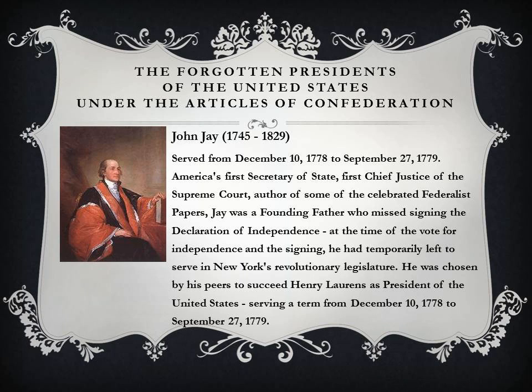Jay was the founding father who missed signing the Declaration of Independence. The reason was, at the time of the vote for independence and signing, he had temporarily left to serve in New York's revolutionary legislature. Remember, New York was under attack already. So that's why he had gone. He was chosen by his peers to succeed Henry Lawrence as President of the United States, serving a term from December 10, 1778 to September 27, 1779.